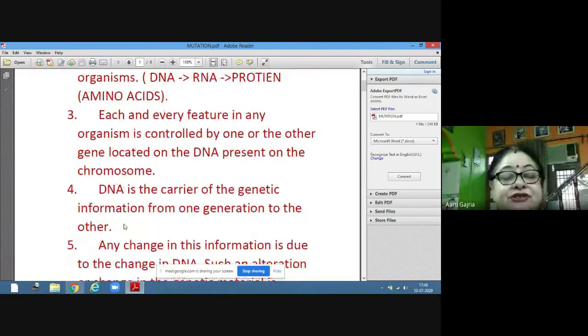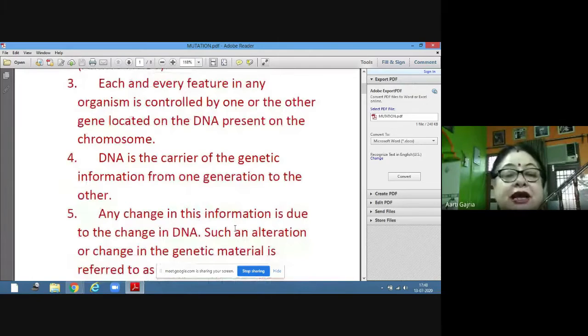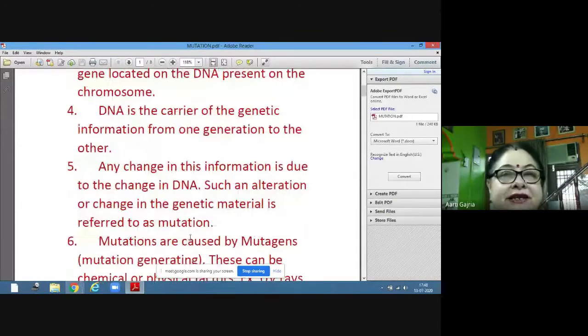Now, any change in this information is due to the change in DNA. If your DNA is changed slightly or completely or to a larger extent, then there will be alteration or change in the genetic material. And this alteration or change in the genetic material is referred to as mutation. Now, how and why are these mutations caused?